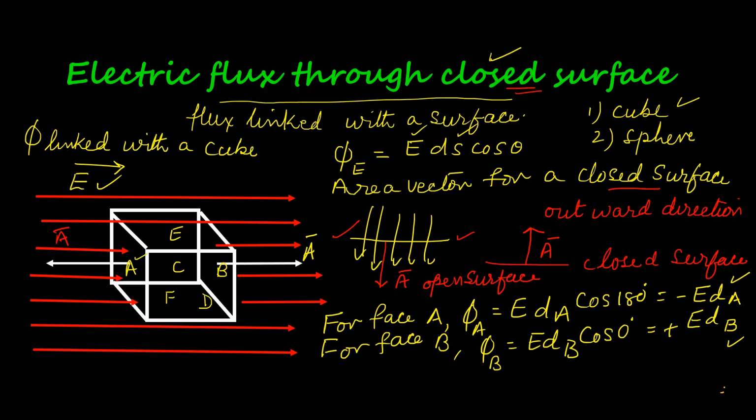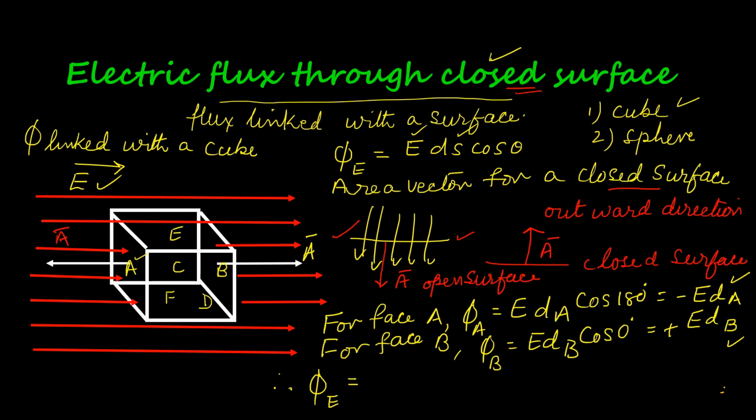The total electric flux for a closed surface is given by the closed integral. That is the total of the electric flux for each and every single plane surface constituting the closed surface.